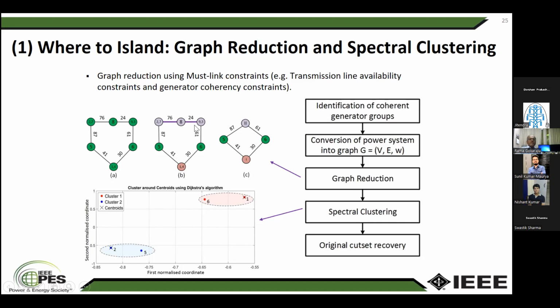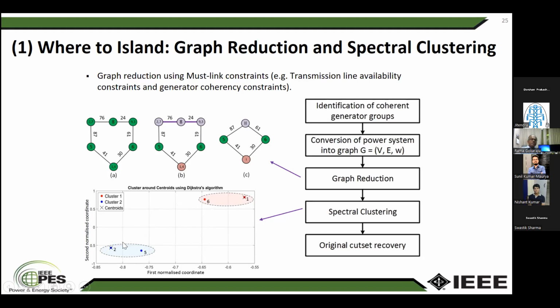The other one is based on the split. So the nodes here form one coherent group, and so 2 and bus number 5, they form one coherent group, so they are on the spectral clustering.